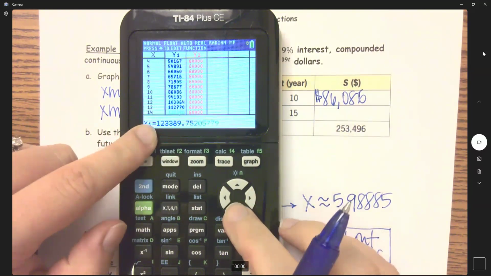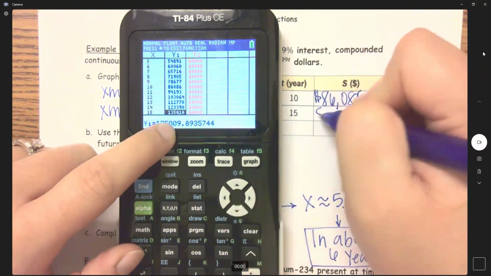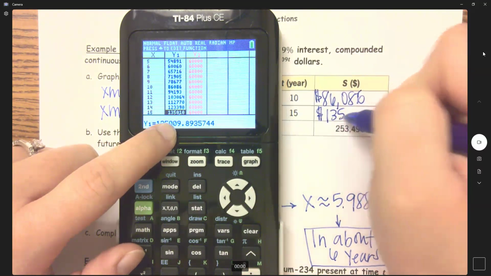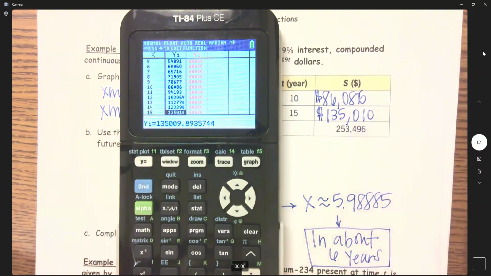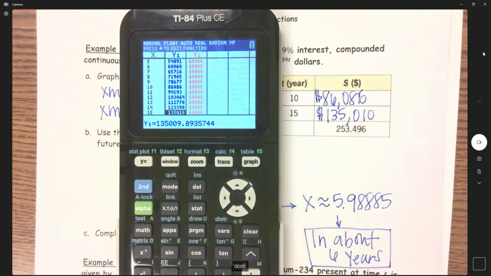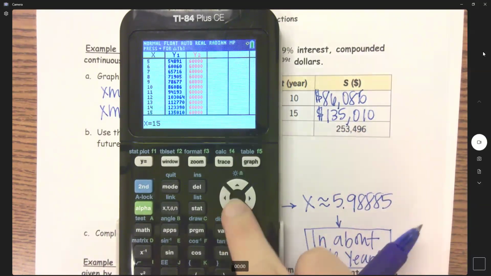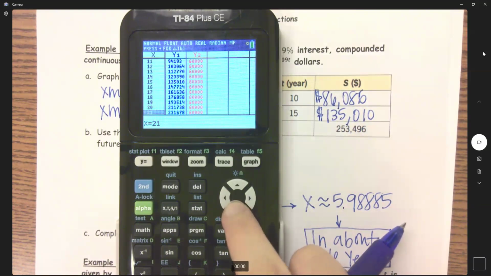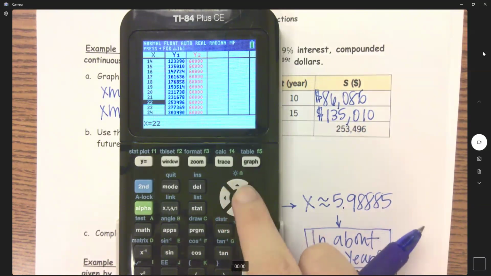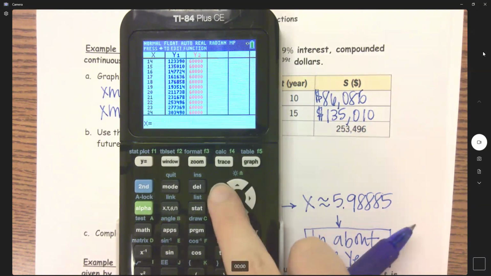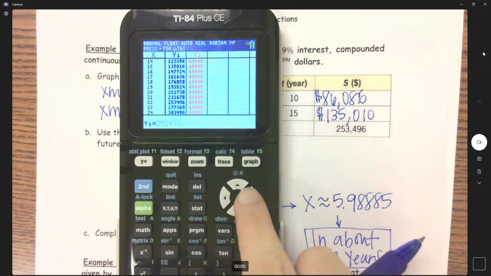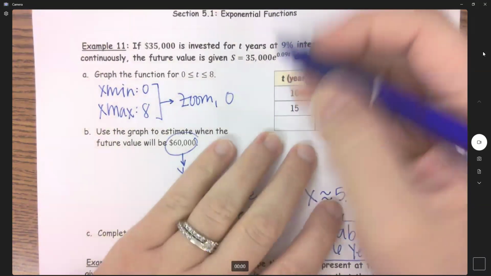And then at 15, we're at $135,010. Now you can do this one of two ways. You can do the intersection again, or we can just search for when we get that number, and here it is right here. So 22.